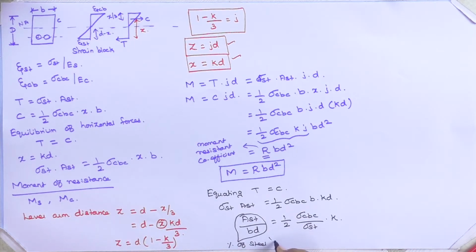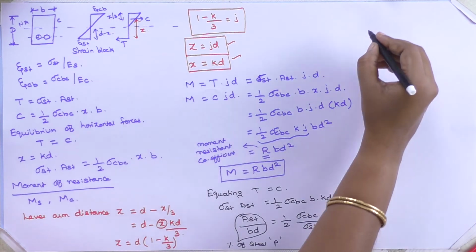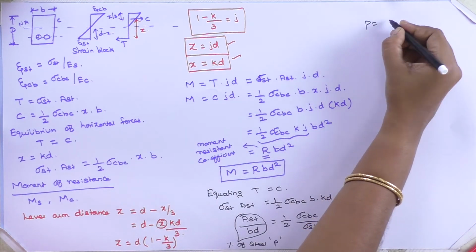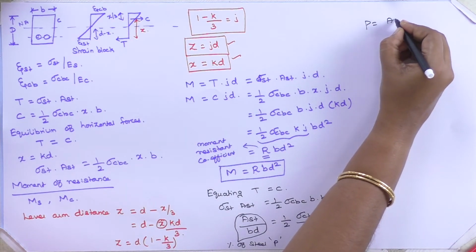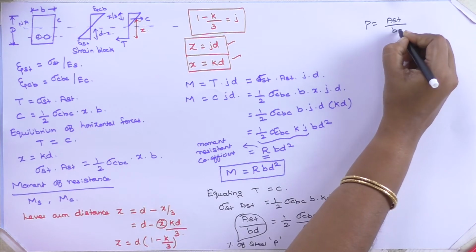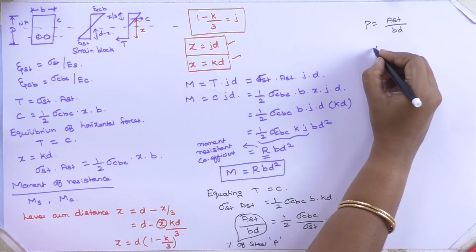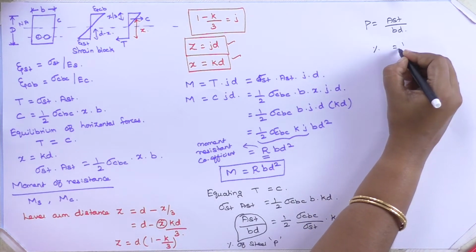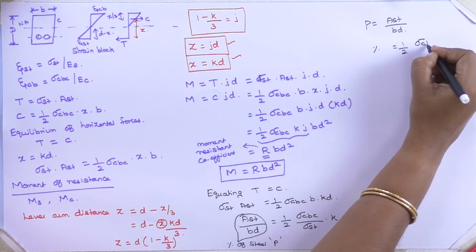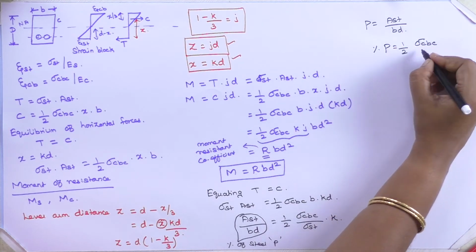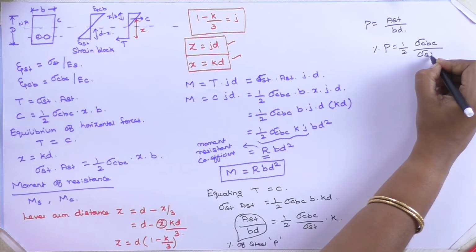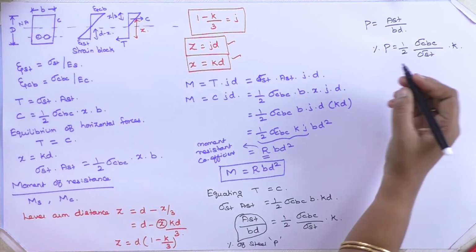We can notate it with the letter P. P is equal to AST divided by BD. So, the percentage is equal to half of sigma CBC divided by sigma ST into K.